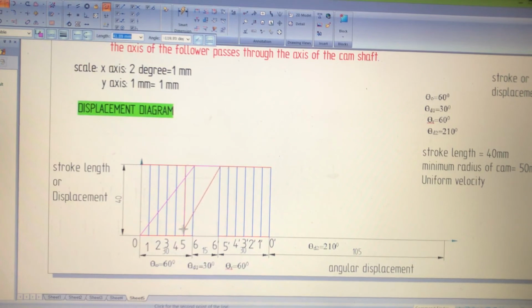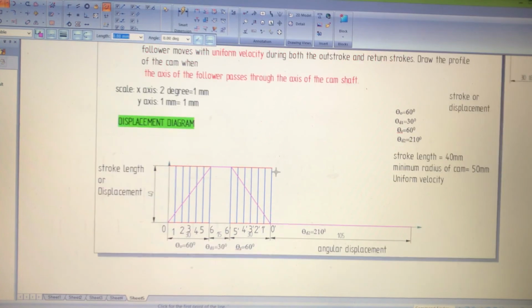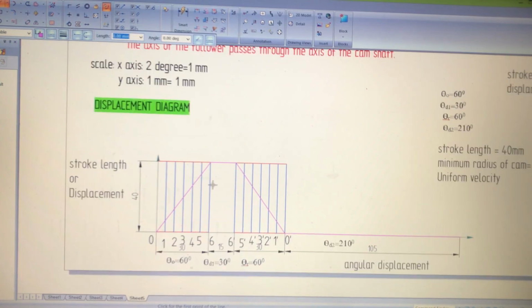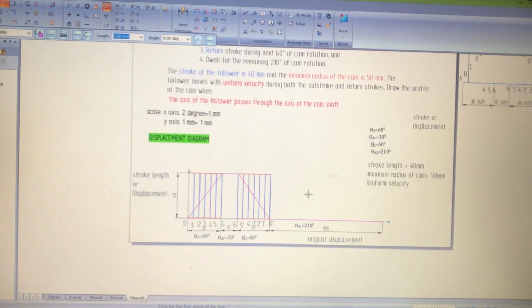Next, the angle of return, for that again a linear displacement. Next, for the remaining period it is dwell, correct? It is a horizontal line. So this is how you will get the displacement diagram. After this you need to name it.